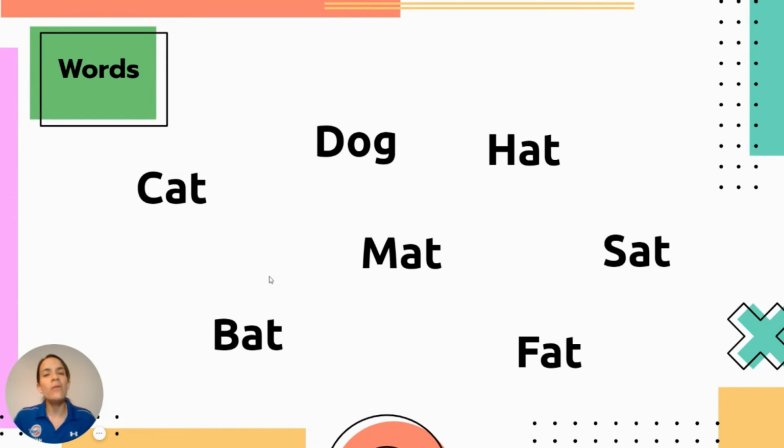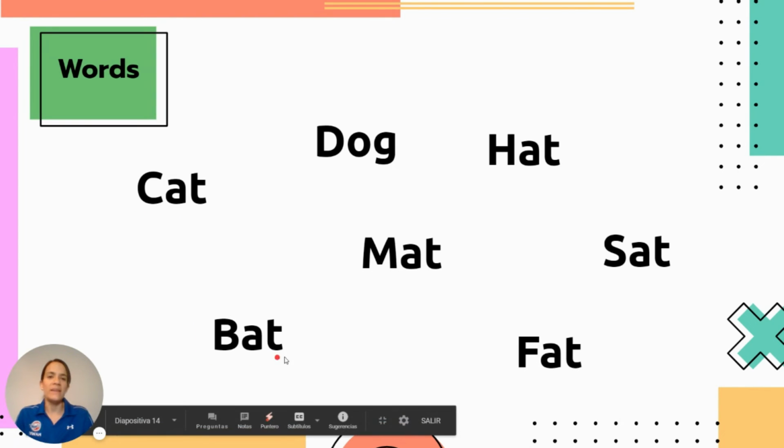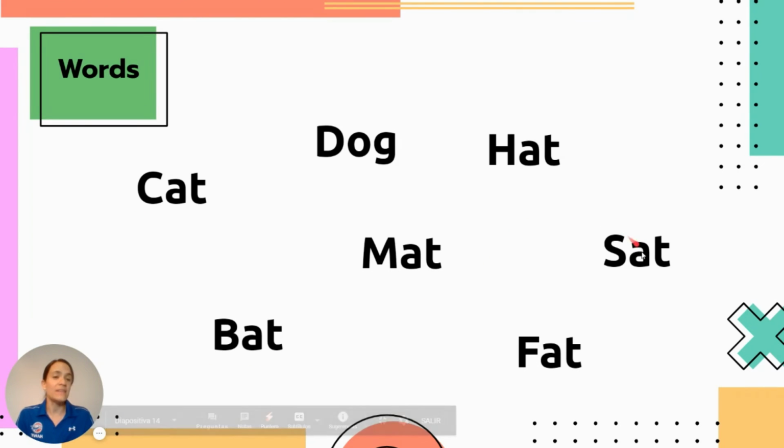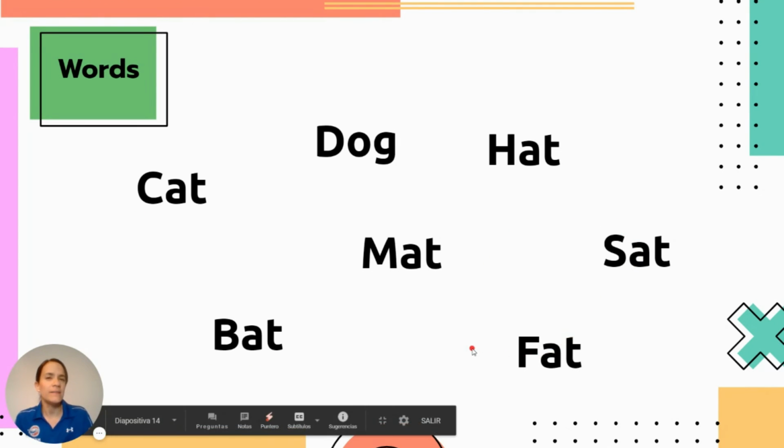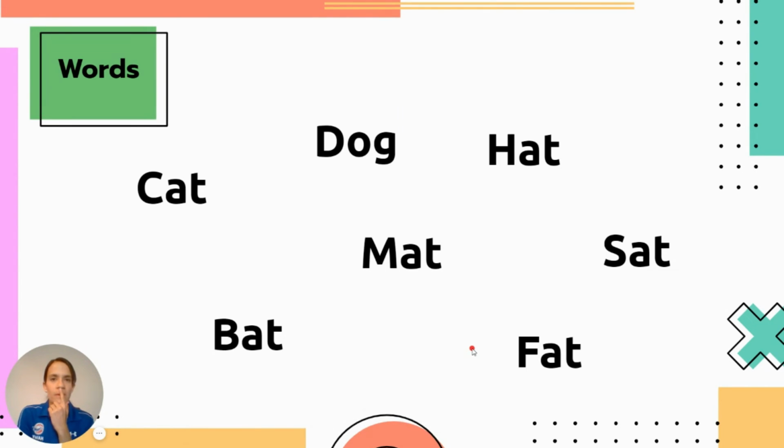Now, patterns can also be made with words. This is a very clear example. When you have words such as cat, bat, mat, hat, sat, fat. Which is the pattern right there? Of course, the sound, the "at" sound.